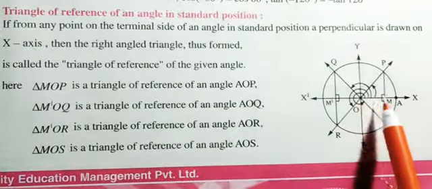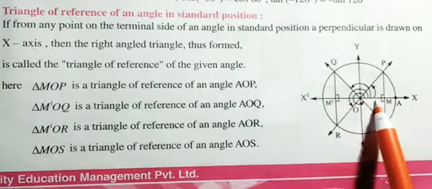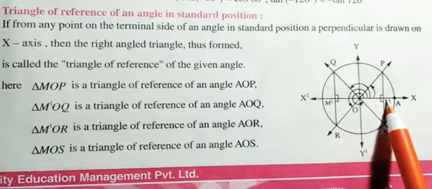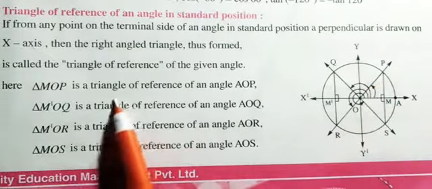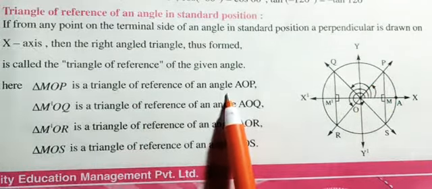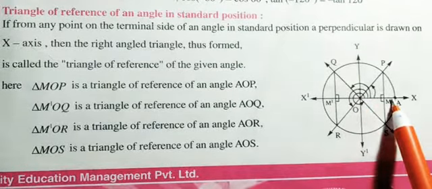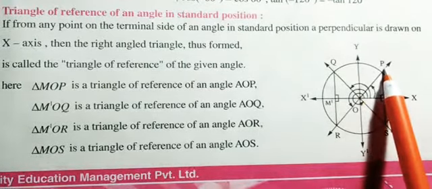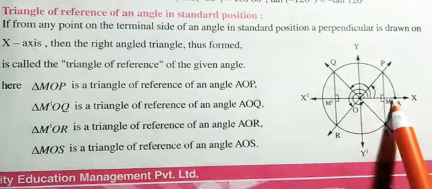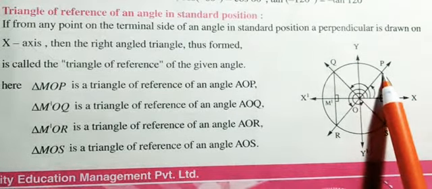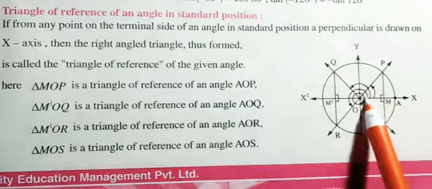This is M. Here MOP is a triangle of reference of angle AOP.